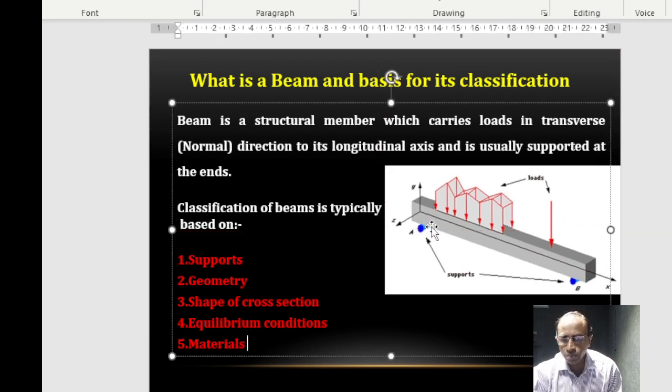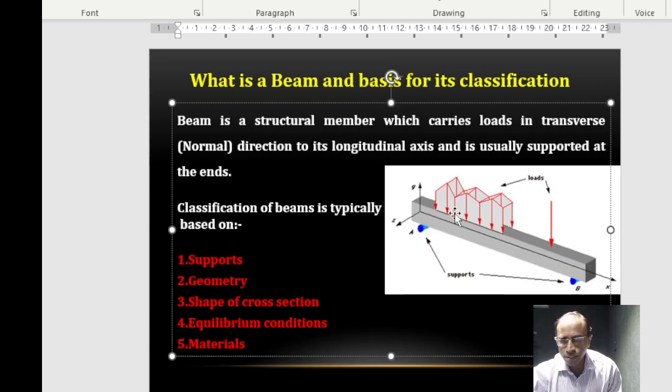So it is basically a structural member, but it always carries the loads in a direction perpendicular to the longitudinal axis. This is the longitudinal axis of the member, right? This is the member, this is the beam, and it has the longitudinal axis like this.